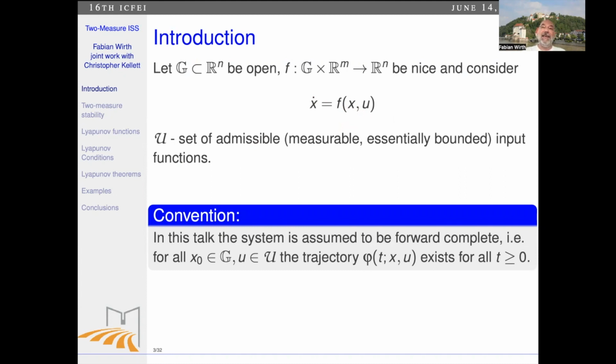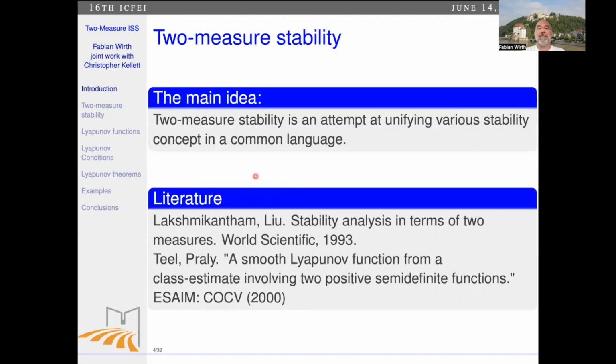And in principle, in this setting, it makes sense. And we've also done a bit in that direction to consider the case that the system is not complete. But for simplicity in this talk, I would simply assume that the system is forward complete, right? So no matter which initial condition you take, no matter which input you take, the trajectory exists for all positive times. There will be a small comment later on that, but in general, that's the basic assumption.